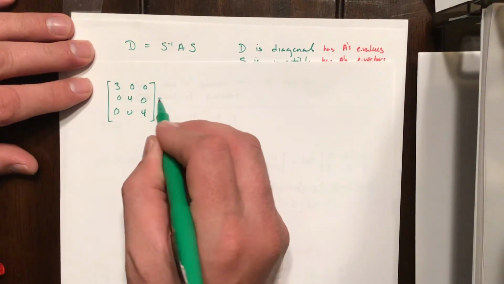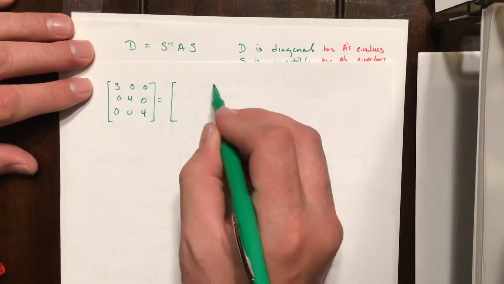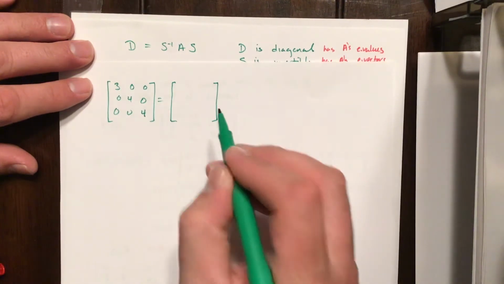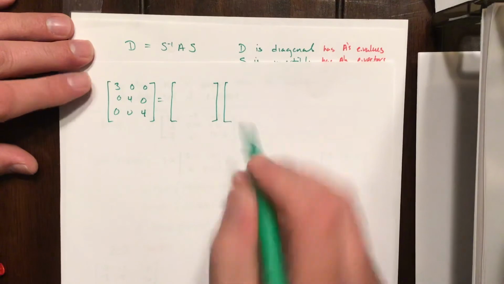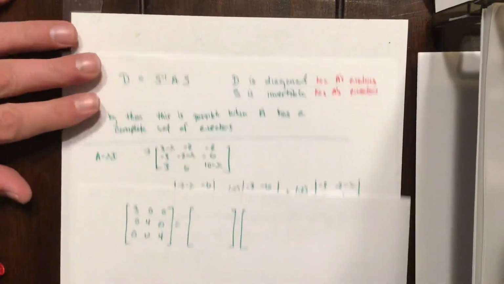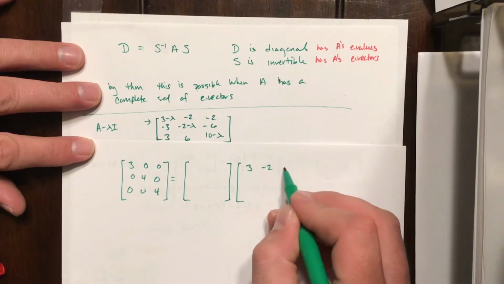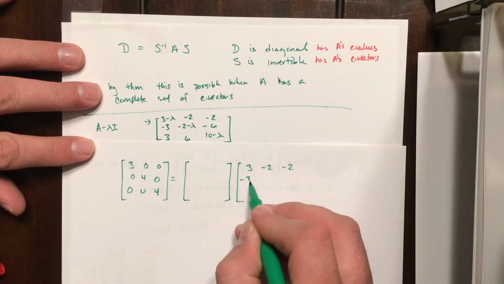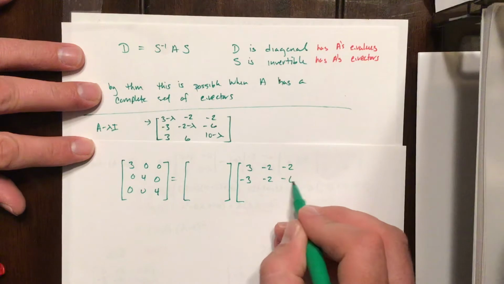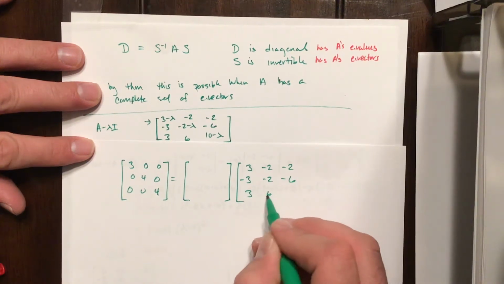is equal to some mystery matrix S times the matrix A. What was the matrix A again? It was 3, -2, -2, -3, -2, -6, 3, 6, and 10.